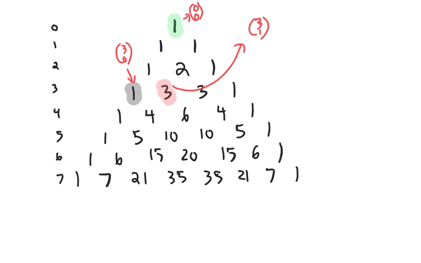And for each first and last entry in a row, let's say a row here, we can think of this guy as n choose 0, and this guy as n choose n. So the first and the last ones.